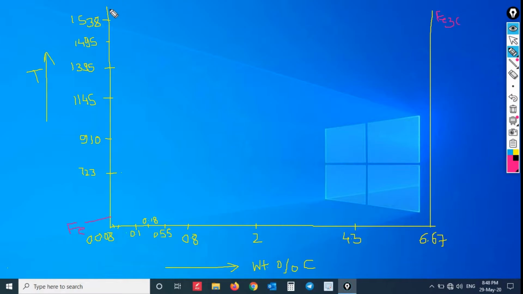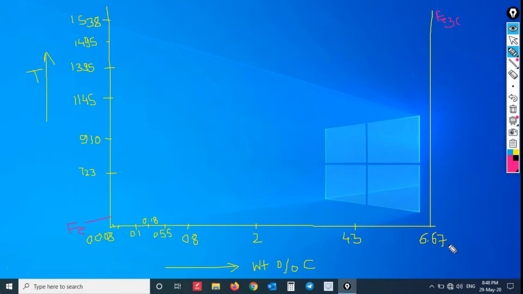You can see that this vertical line is the pure iron line, and the other vertical line on the right side is the Fe3C line. So this is pure Fe. When we go on adding carbon into the iron, we form iron carbide.